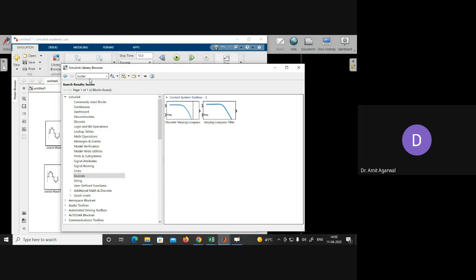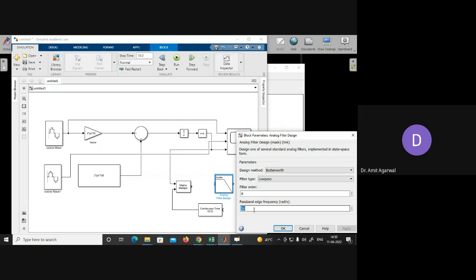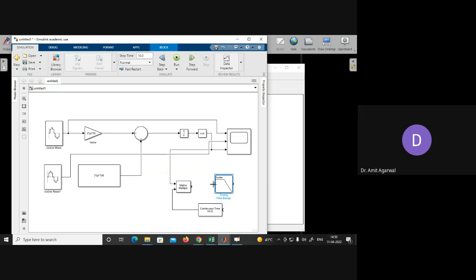Butterworth filter. Just type analog filter and you will get it. Now let's take one more scope.